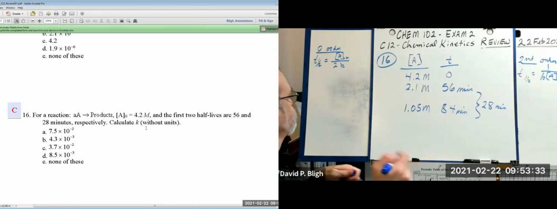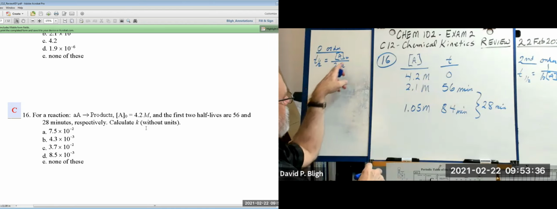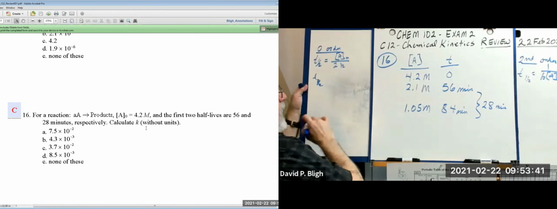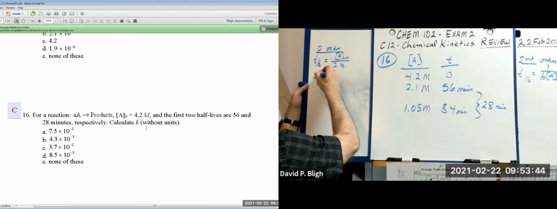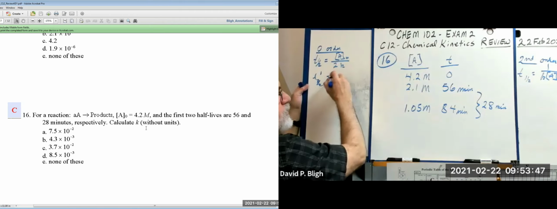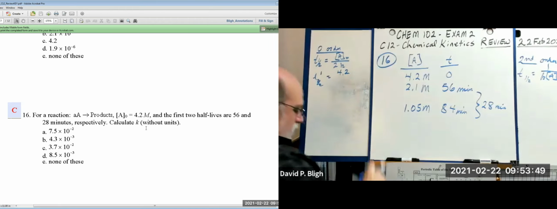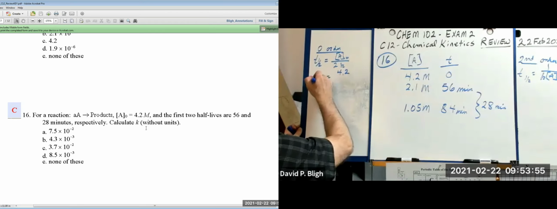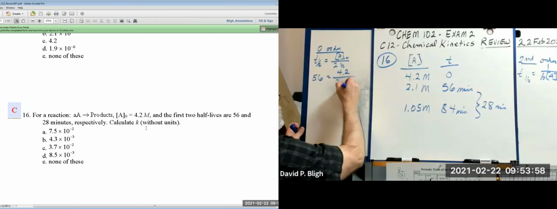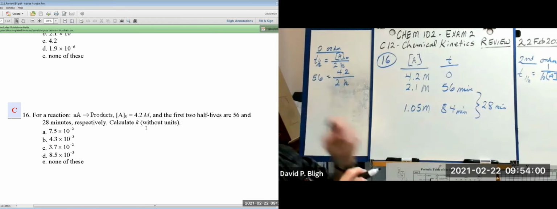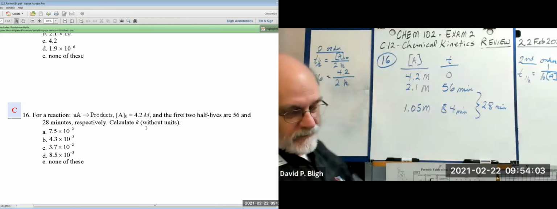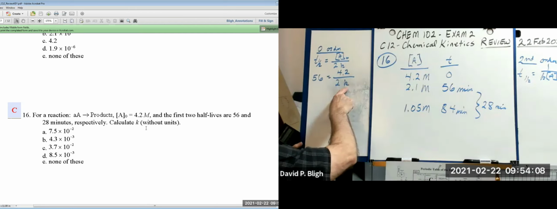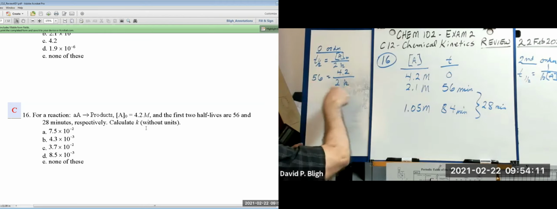So how about this one? For zero order, T1/2 for the first one is 56, equal to 4.2 over 2K. So you know how to solve for K. K needs to be over here, so we move it over there, put the 56 over here.